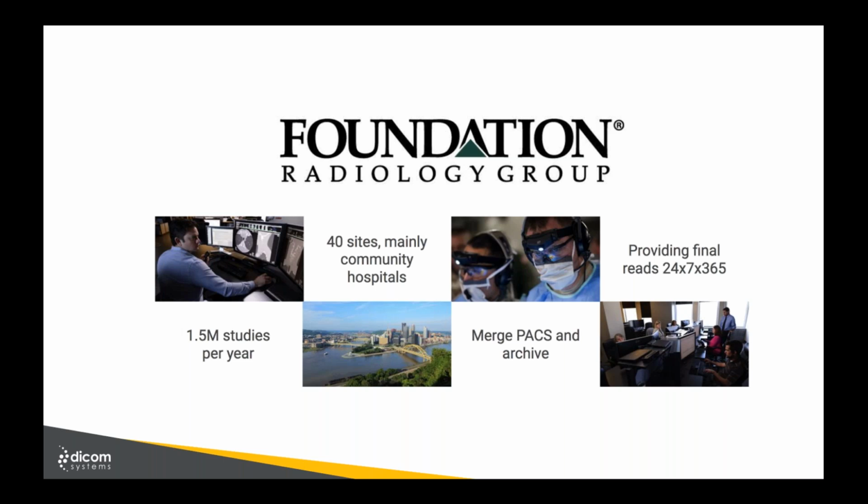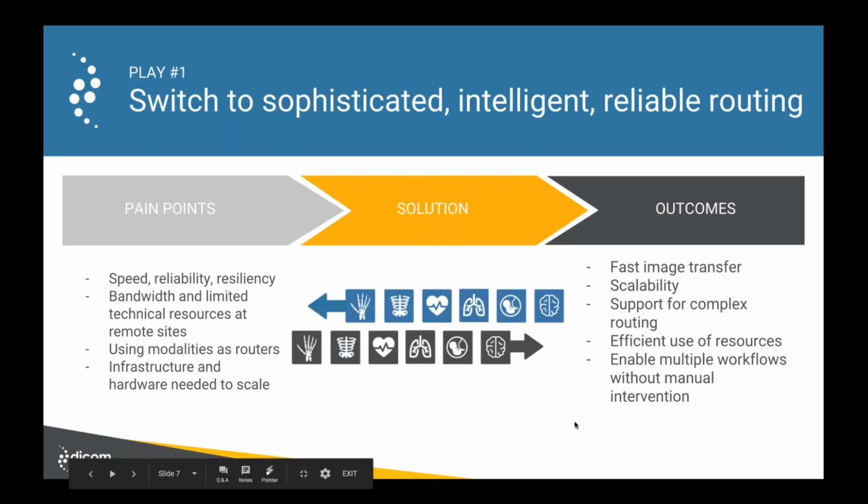So in the next slide, we can talk a little bit about one of the challenges that we tried to solve utilizing DICOM systems. The first is basic intelligent image routing. So this is how to get the studies from the client PACS platform into our PACS platform. It sounds pretty easy. When you distill it down to just a few key points, it gets a little bit more complicated. The first has to do with speed and reliability.